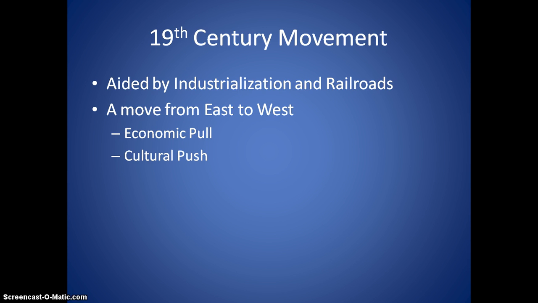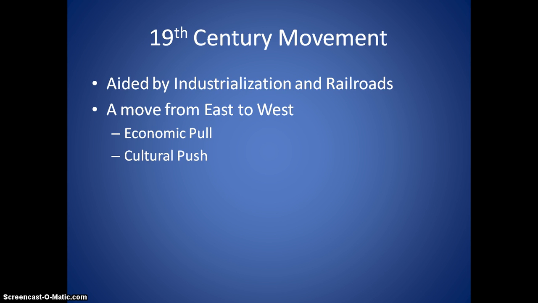And so what we begin to see happen is people begin moving from the eastern seaboard out to the west for a variety of different reasons. You have the economic pull that happens, and that economic pull is going to be a variety of different things that we'll look at in just a second. You have the new industrial cities that begin to crop up. You have new opportunities for farming out in the Midwest. You also have the gold rush that occurs out in the West, in California.